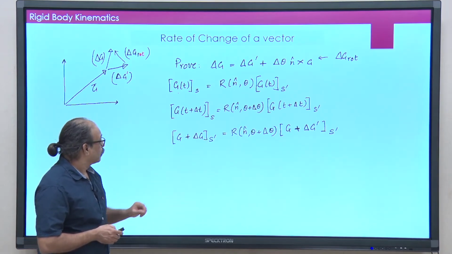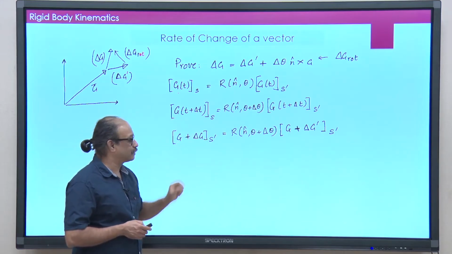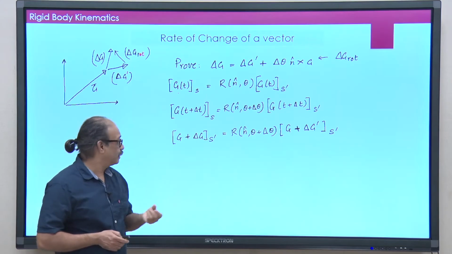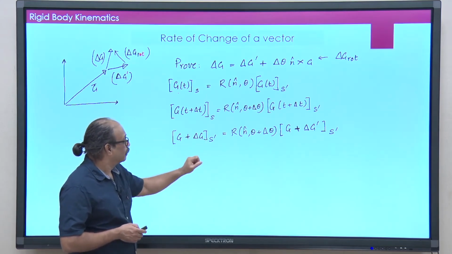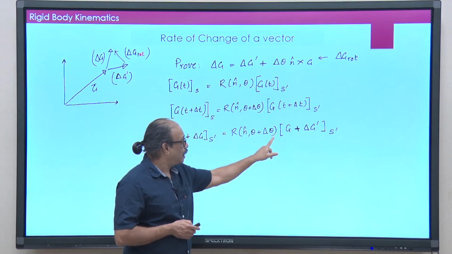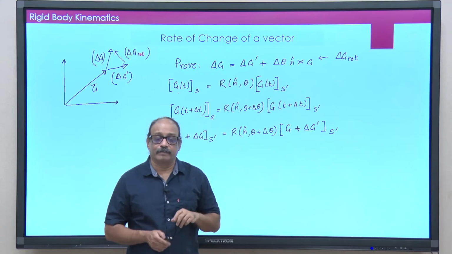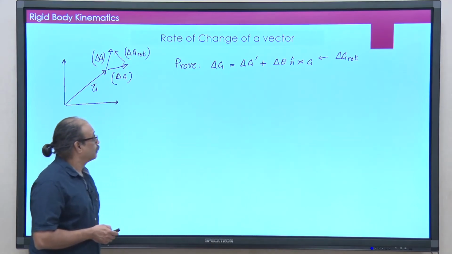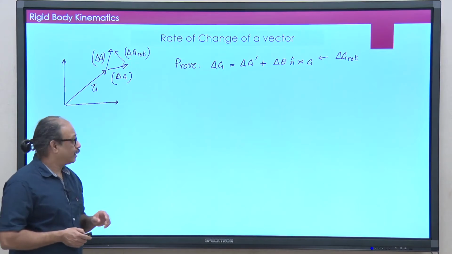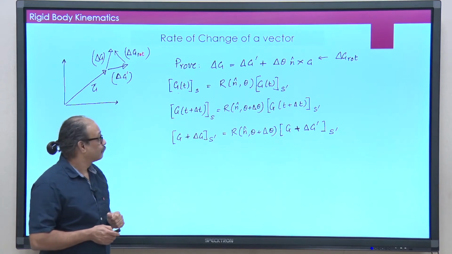I will write this as G plus, do a Taylor expansion, that will give you G plus delta G, where delta G is the small change as seen by S frame, and R multiplied by this G plus delta G prime, but that is now seen by S prime frame.